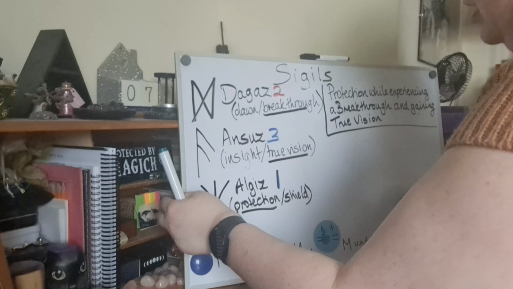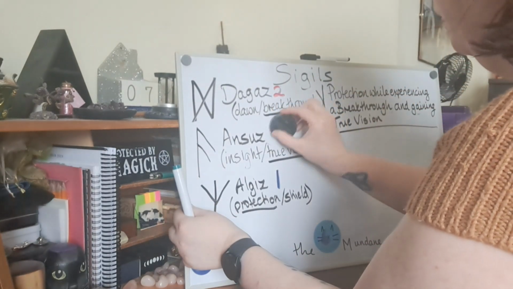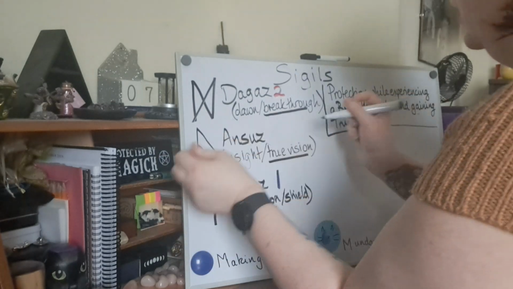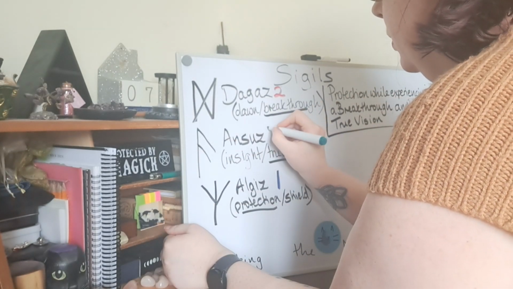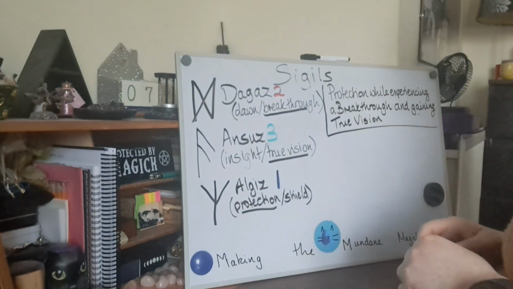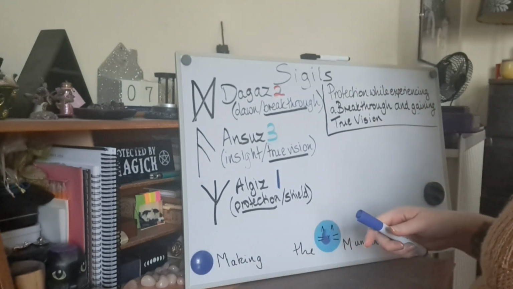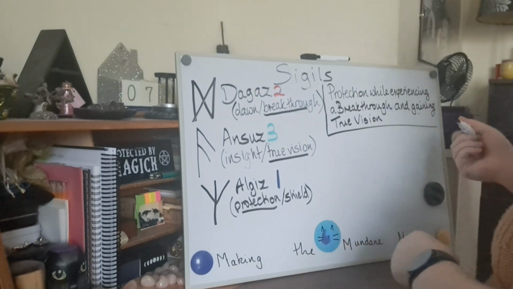Right. Let's see. Green is a little bit lighter, but you can see it, lovely. Right, so Algiz goes first.